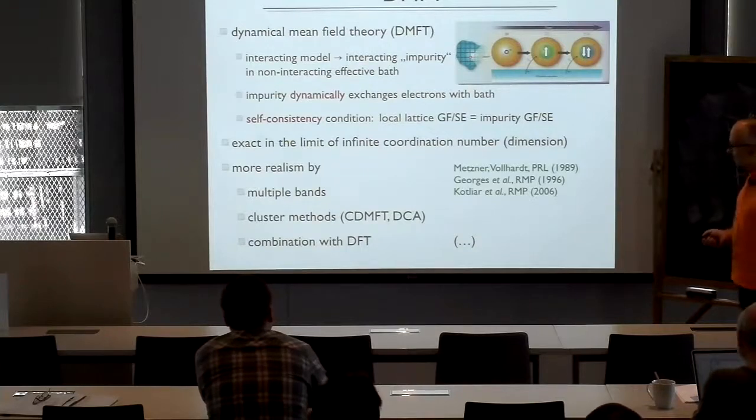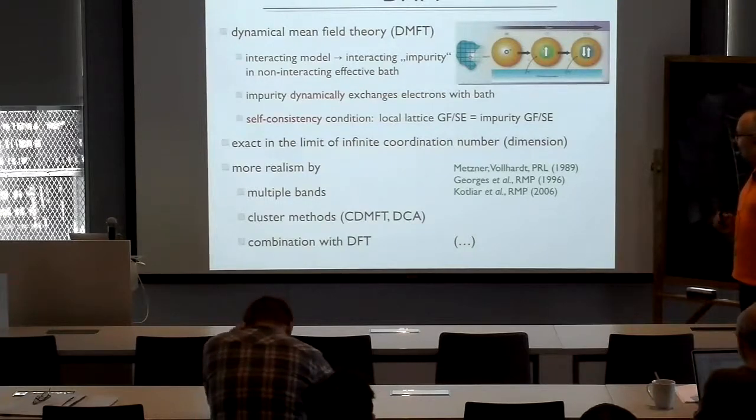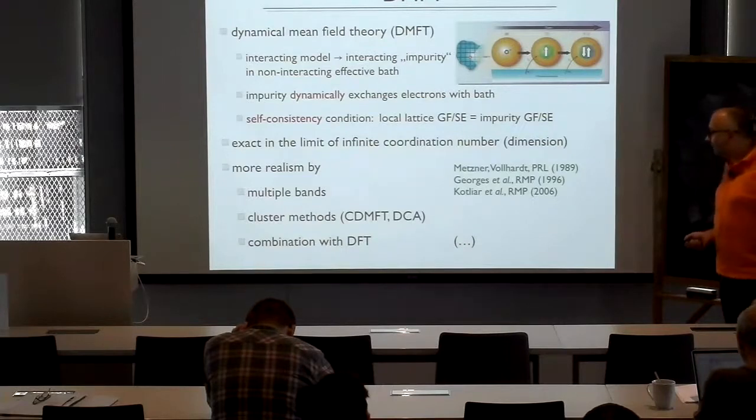And then it was basically Gabi, who is here in the audience, and Antoine, who turned that into a real computational method. There's this first Reviews of Modern Physics paper from '96. And there's the second one from 2006. Several of the authors actually are in the audience.